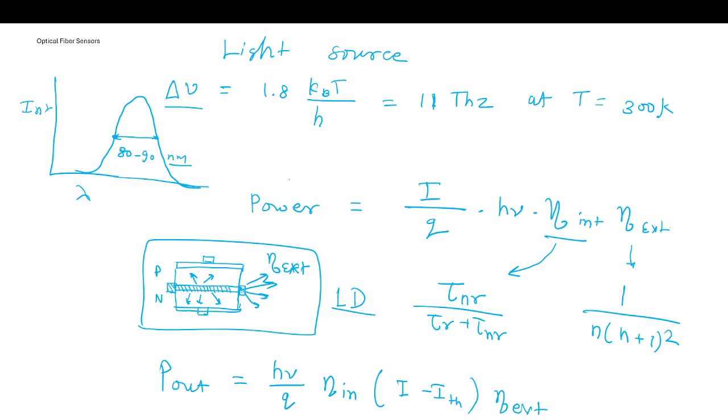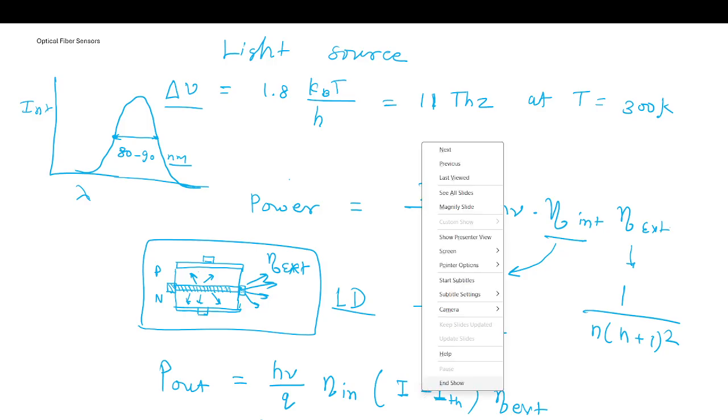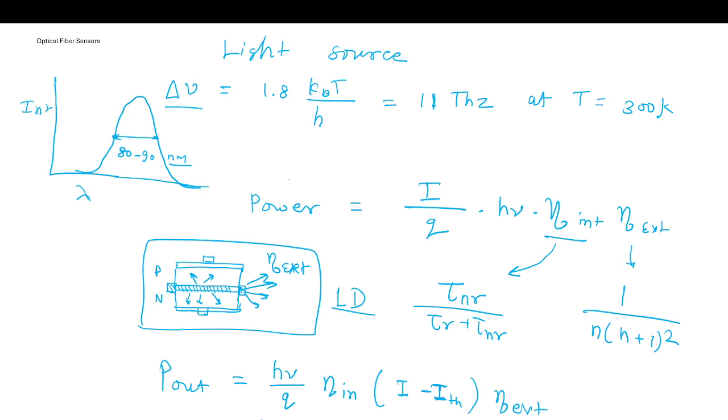We have discussed these things for the LED also. The only difference is that here, beyond threshold only, the light will come out from the diode, and that is the amplified one.